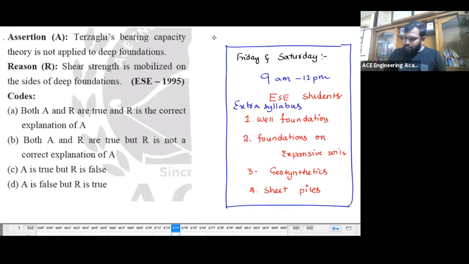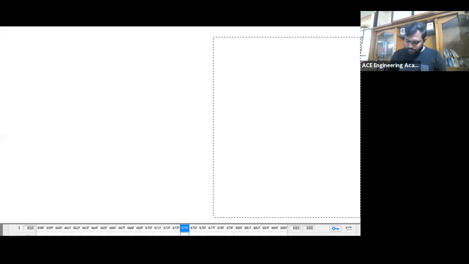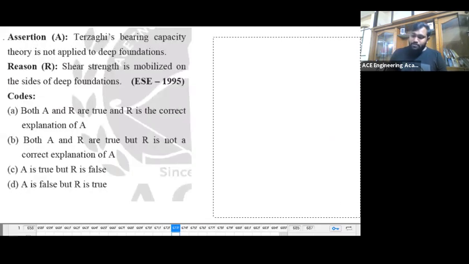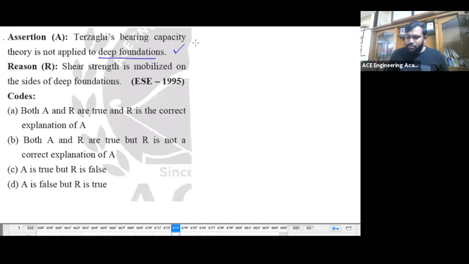Now let's come to the previous GATE questions. Terzaghi bearing capacity theory is not applicable for deep foundations. Yes, true, because Terzaghi assumed soil fails by general shear failure, which can be seen only in shallow foundations. Assertion is true. Shear strength is mobilized on the sides of deep foundations.